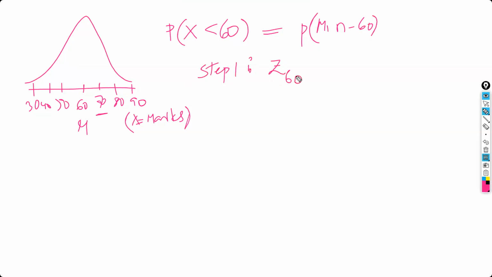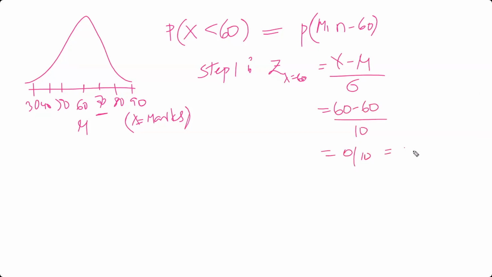So for x equal to 60, what is the z value? It is x minus mu divided by sigma. The x value is 60, the mu value is 60, divided by sigma which is 10, so 0 divided by 10, which is 0. This is the first step.